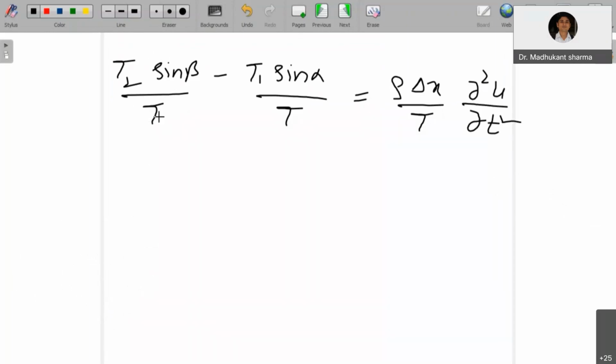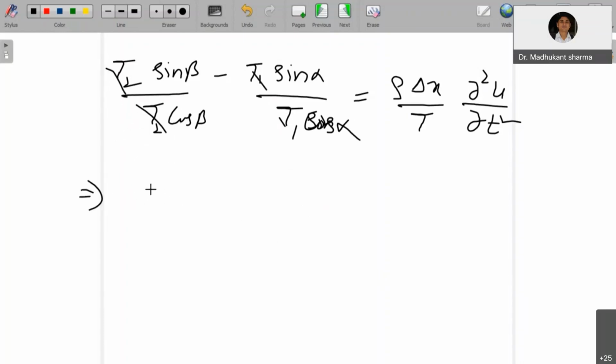T is T1 cos alpha as well as T2 cos beta. So use that fact: replace T by T2 cos beta here, and by T1 cos alpha there, because both have the same value. So T1 will get cancelled, T2 will get cancelled.